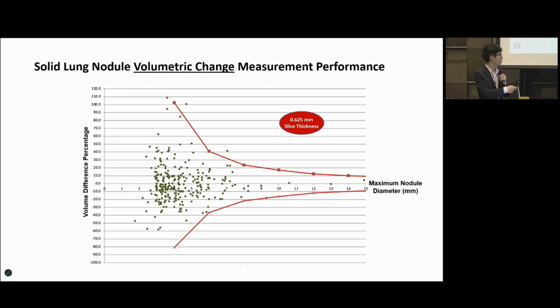But what we're actually concerned about are the nodules at the smaller sizes. So right here is 5 millimeters, and you can see there's roughly up to a 70% difference in volume, which is fairly significant when you're trying to use this for determining what to do next with lung screening participants.